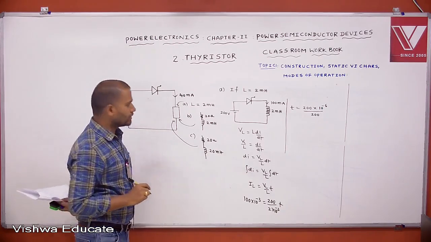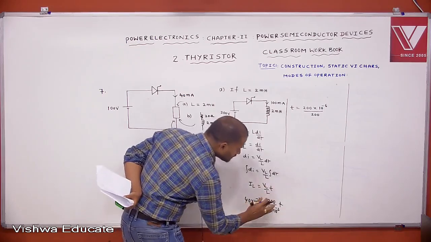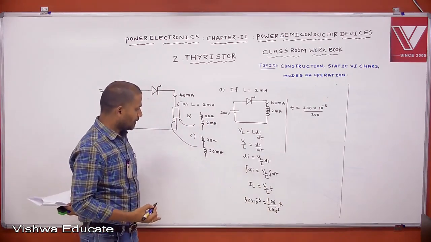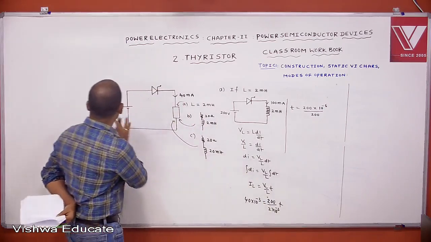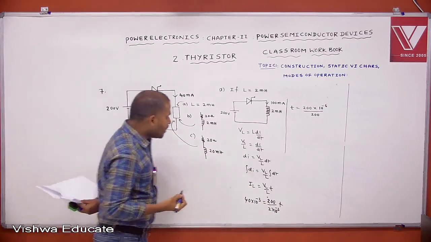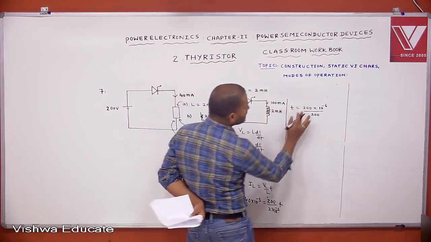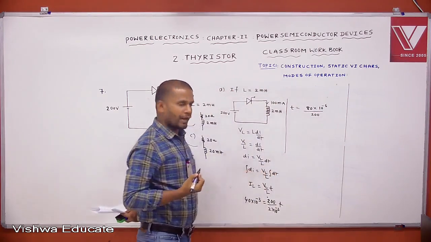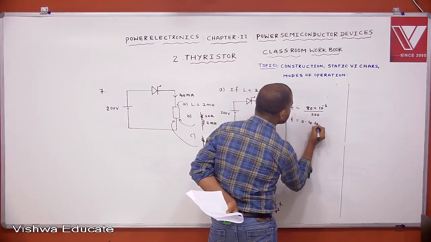The supply voltage is as it is, 200 volts. Then from this, T is 80 into 10 to the power of minus 6 by 200. Then T you can get is 0.4 microseconds.